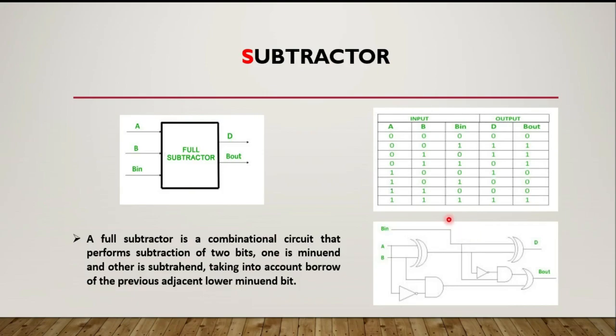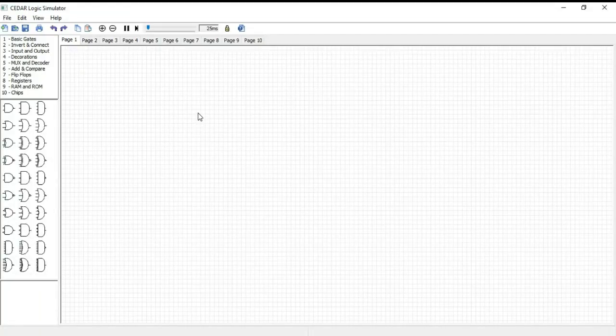Okay, from the truth table, we can draw our circuit like this. Let's try it in our Cedar Logic simulator. Let's add the gates we want. I go to basic gates and select AND gates. We want 2 AND gates, so I select 2 AND gates, click, drag and drop.